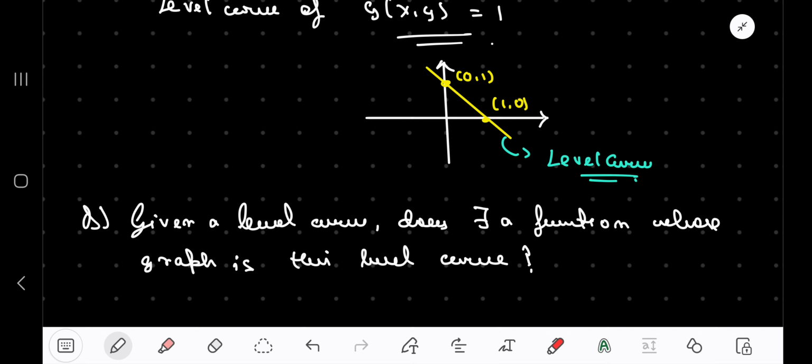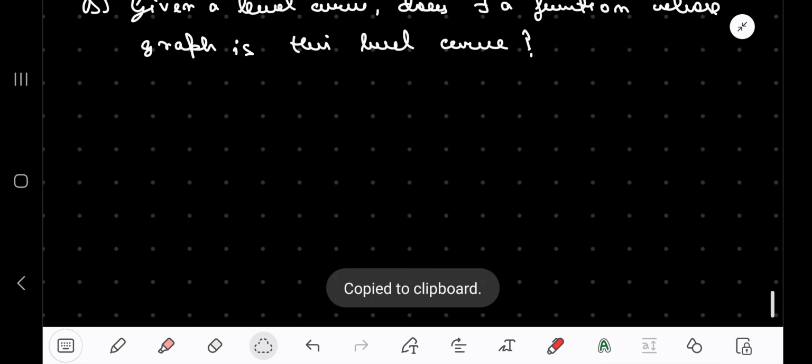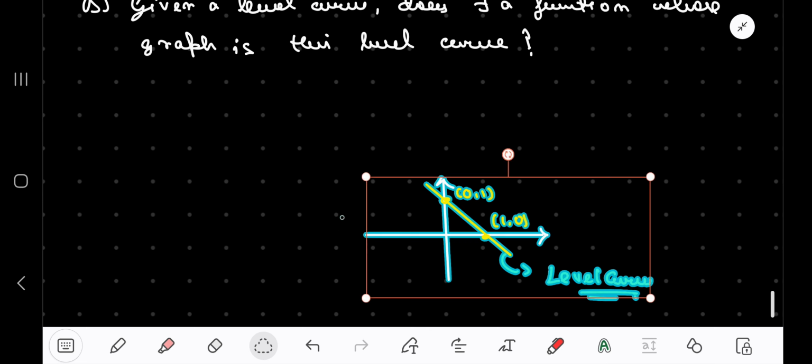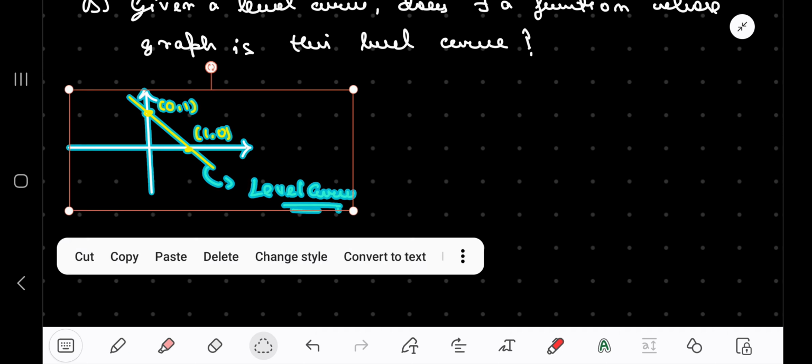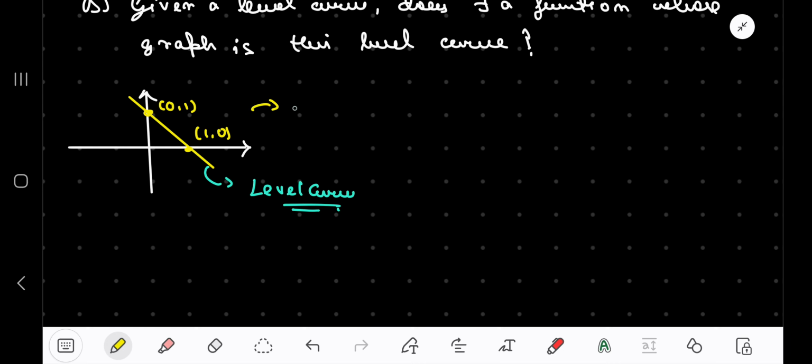Okay, let us first analyze this. Given this to be the level curve, and we have just seen that this is basically the level curve of g(x, y) = 1, where g(x, y) is given as x + y.